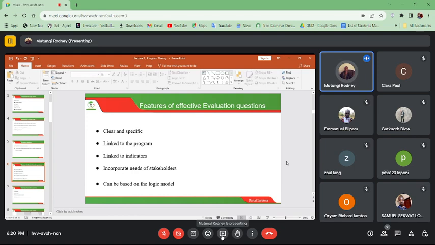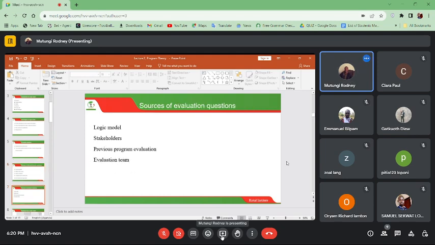These are the ones that we are calling evaluation questions, and we say that they should be based on the logic model. You should ask those questions relating to the activities, the outputs, the impact, and we are going to see a few examples of those.